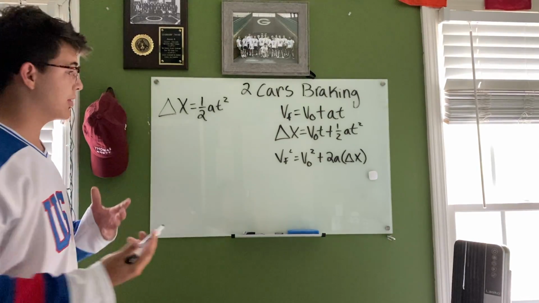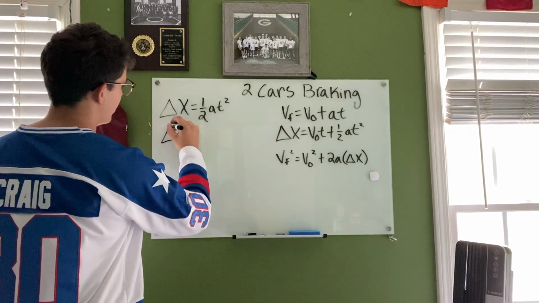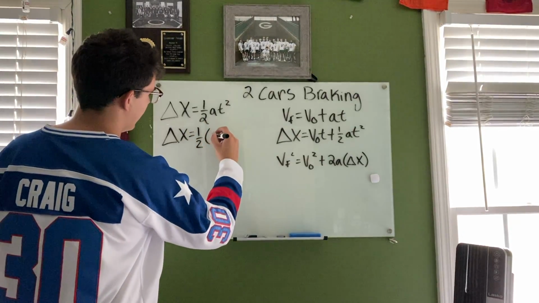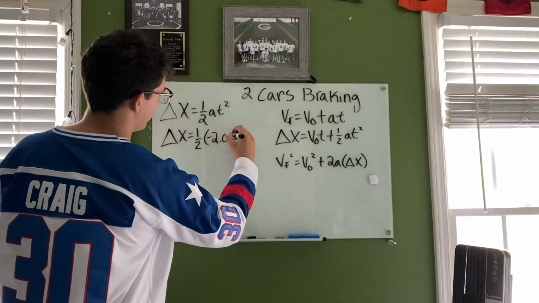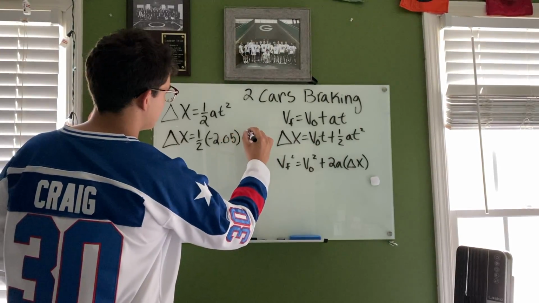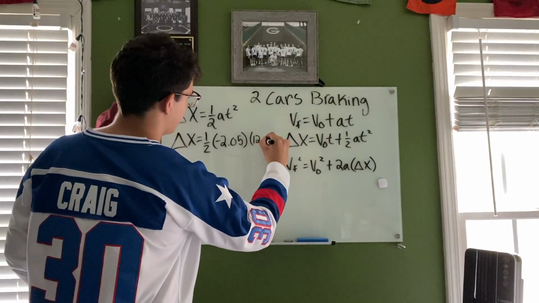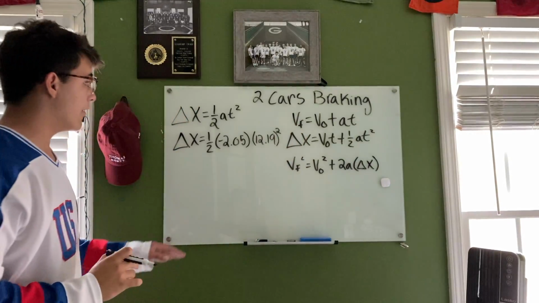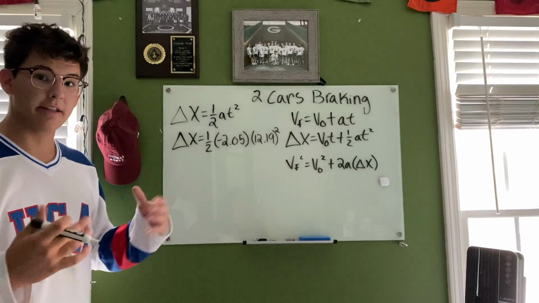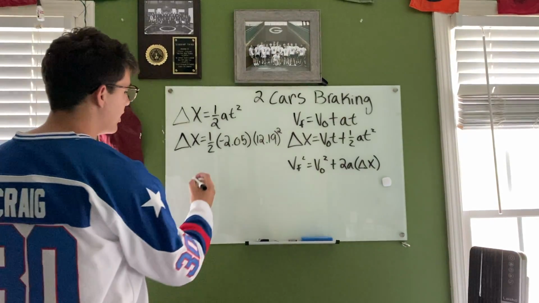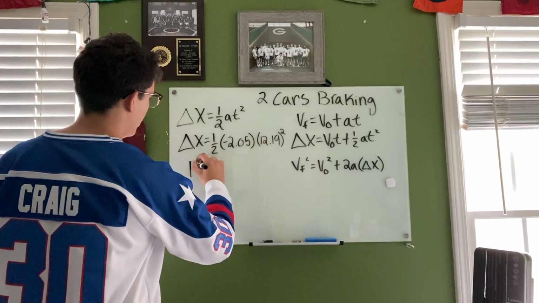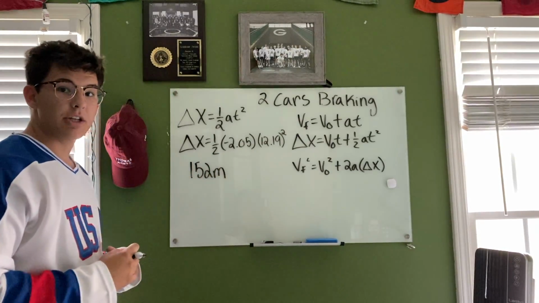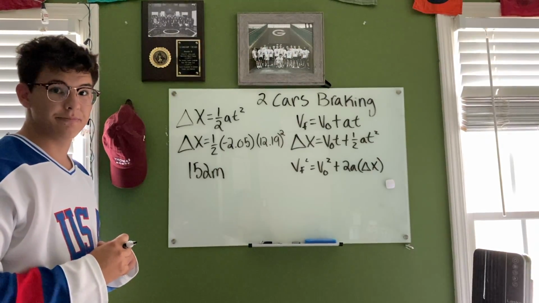Now, if we plug in our numbers for this equation, we have the change in x is equal to 1/2 times negative 2.05 times 12.19 squared. Now, if we plug that into our calculator and we click enter or solve, we know the car traveled 152 meters before coming to a complete stop.